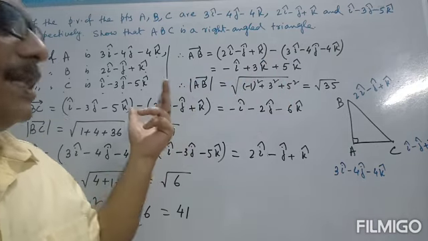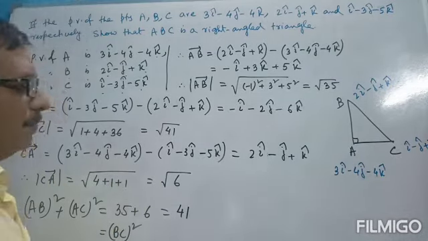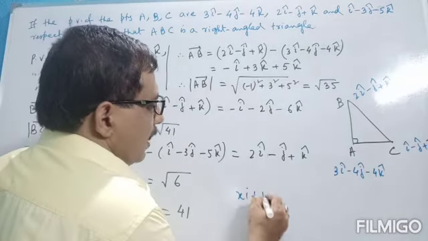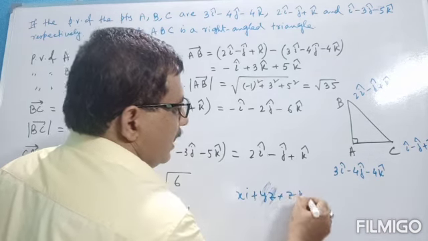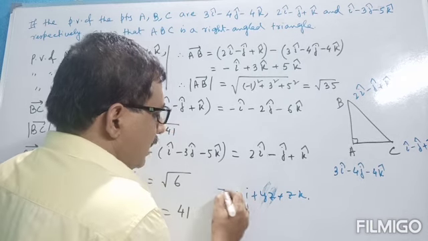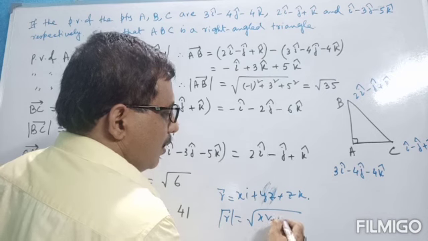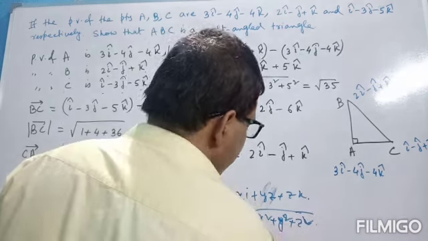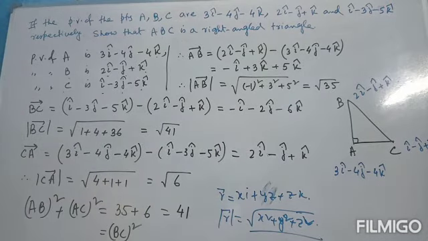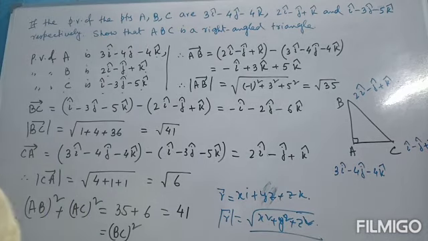So the length of AB, that means the magnitude of AB, is as follows. If the position vector of any point is given as R vector equal to x i plus y j plus z k, then the modulus of R is root over x square plus y square plus z square, which is known to all of you.